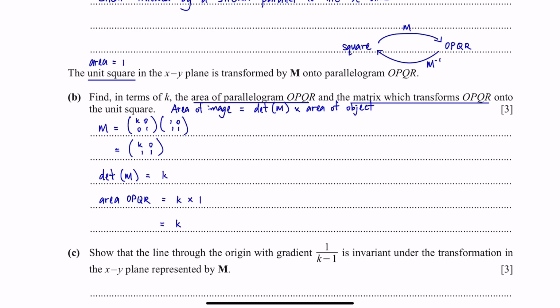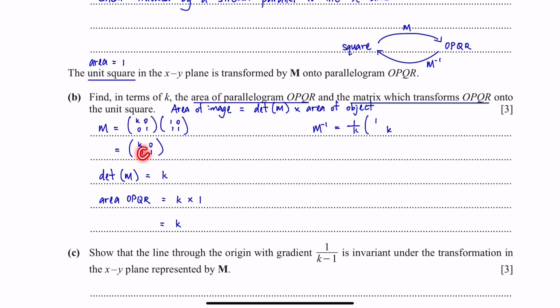So how do we find the inverse? It's 1 over the determinant, which is k, times... So what we do is we exchange these two. Instead of k, we have 1 here, and k is here. And for these two numbers, we just change the sign.